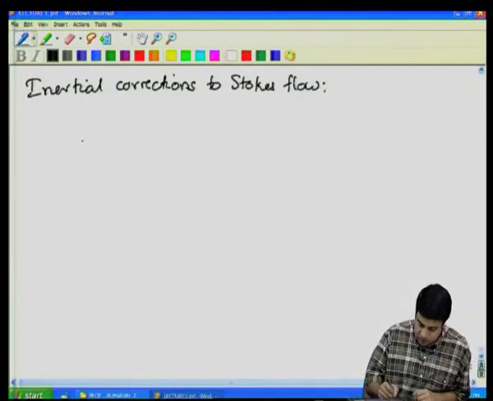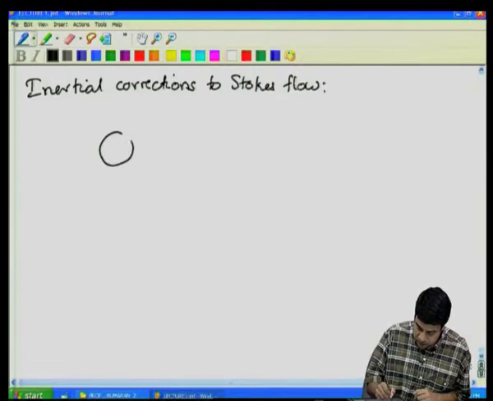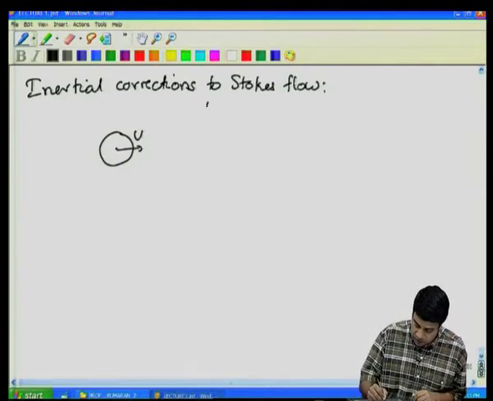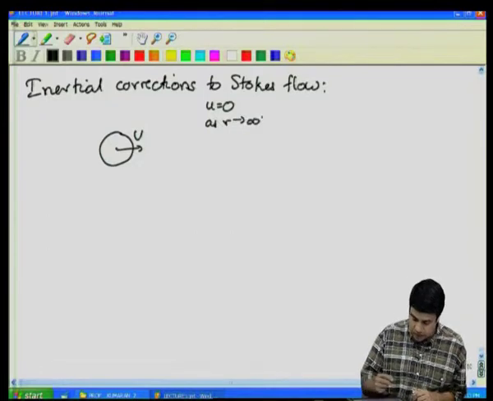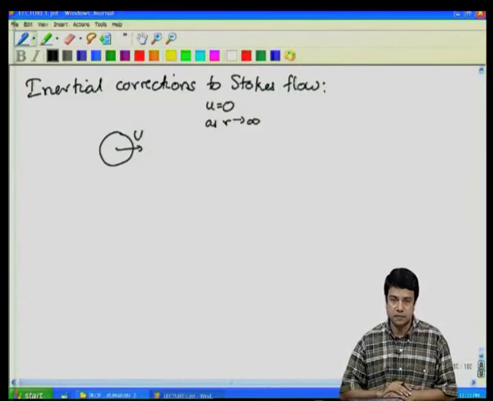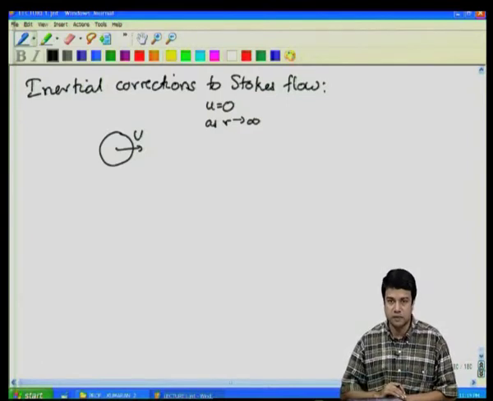So far what we have been doing is to consider a sphere moving with a velocity u in some direction in a fluid where the velocity is equal to 0 as r goes to infinity, where I fixed my origin at the center of the sphere. Okay. So, that is the problem that we have been solving so far.